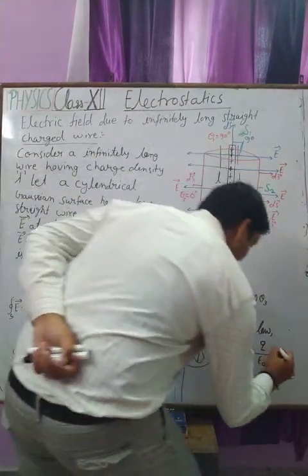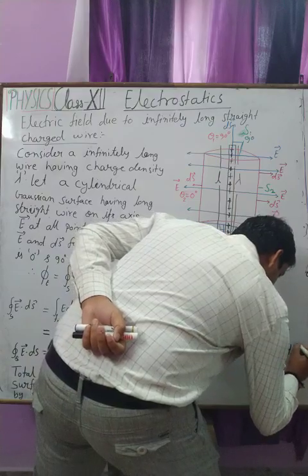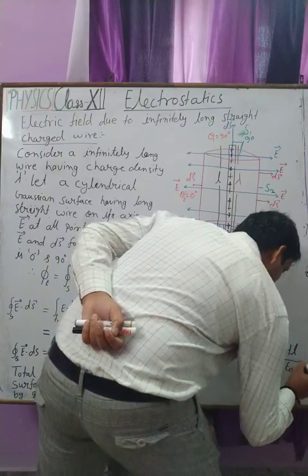Here this Q is equal to lambda L upon epsilon naught.